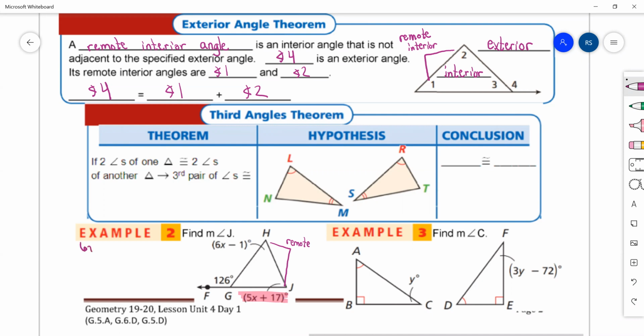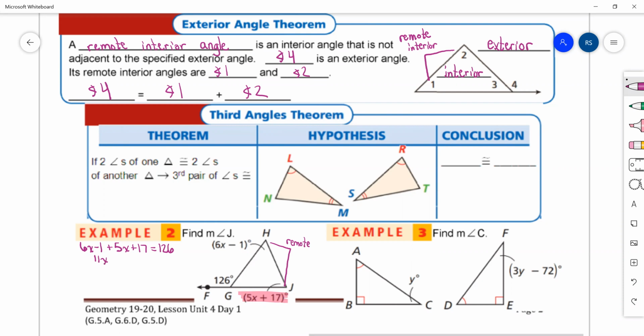We're going to say 6x minus 1 plus 5x plus 17 equals 126. Then I need to combine like terms. 6x plus 5x is 11x.